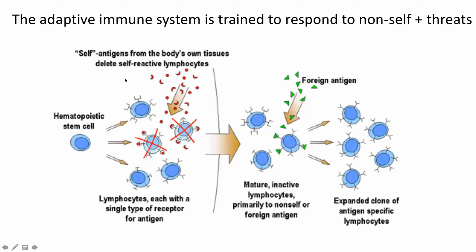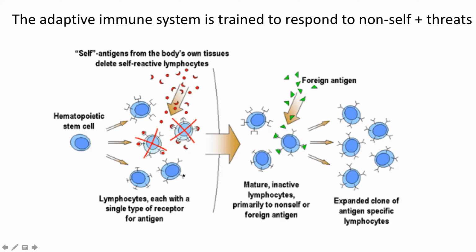Over here on the left is what's happening during development of adaptive immune cells, of lymphocytes. As these cells are made in our bodies, they each have a single type of receptor that recognizes a given antigen. The term antigen is just the part of the pathogen that's recognized by a B cell or antibody or a T cell.